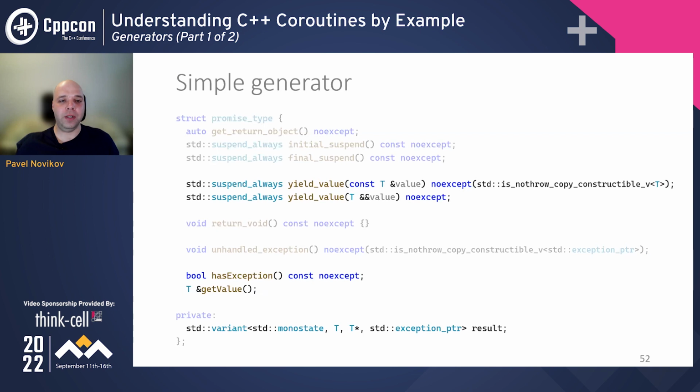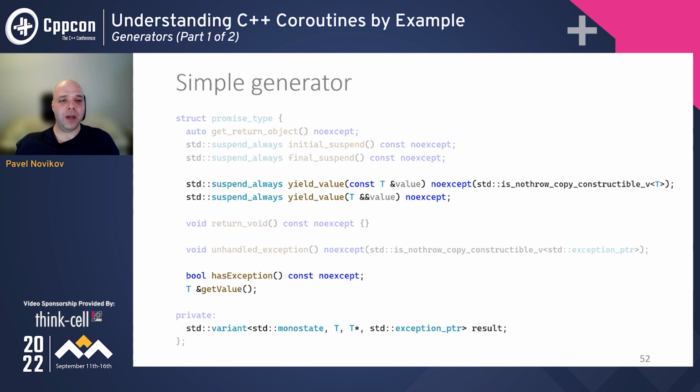So we get back to the non-const ref case, we have two overloads of yield value, one for const values or convertible to const values, one for R value references, for example, of moved values if you use std move.